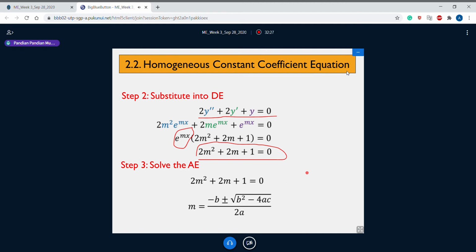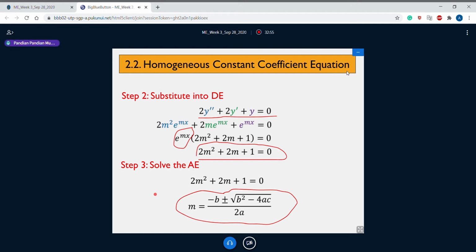Sometimes it's very hard to factorize, so we try to use the formula. The formula you have to memorize to solve 2m² + 2m + 1 = 0 is m = (-b ± √(b² - 4ac)) / 2a.